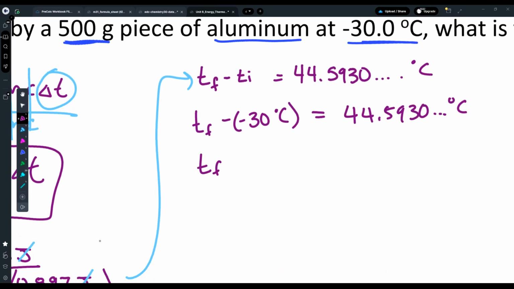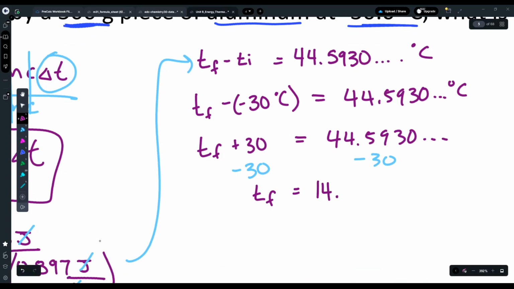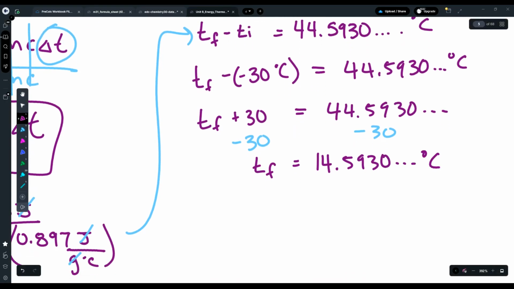Okay, so negative times a negative is a positive. 44.5930 keeps on going on forever. Okay, so to isolate final temperature, it's being added by the 30, so I'm going to do the opposite, which is subtracting. Final temperature is going to be 14.5930, goes on forever. And that's going to be degrees Celsius.